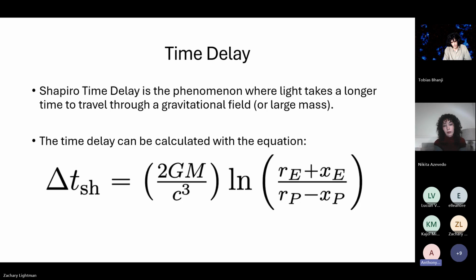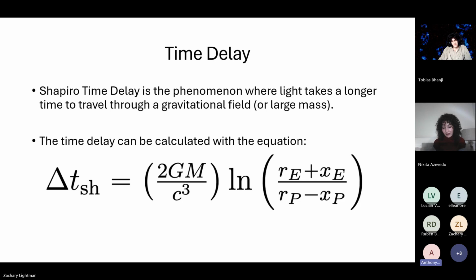It's called Shapiro time delay, and it's 2GM over c cubed, where G is the gravitational constant, M is the mass of the planet or star, and c is the speed of light. Inside the natural log, we have the radial distances from the receiver and the endpoint, and this is going to be important later on.